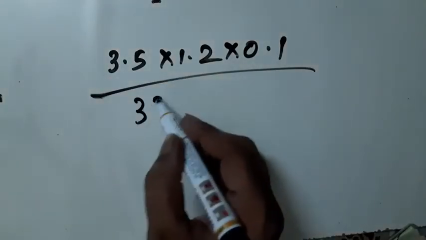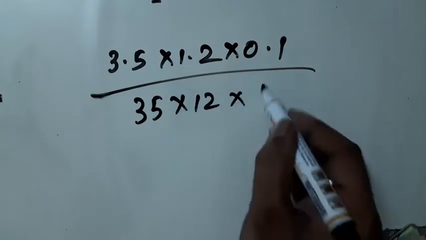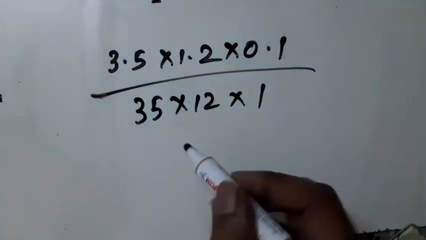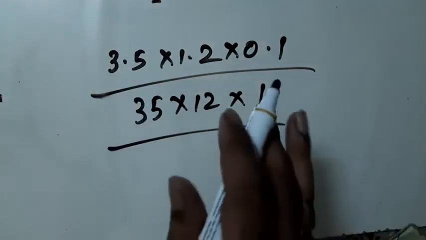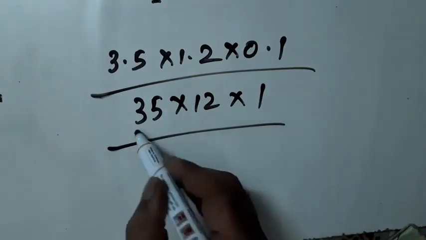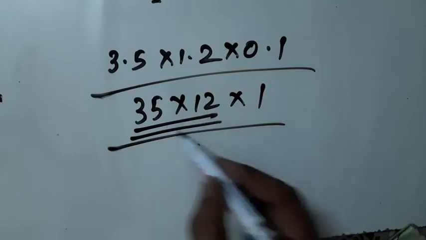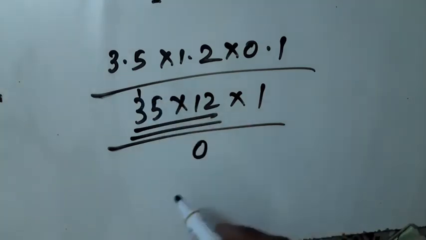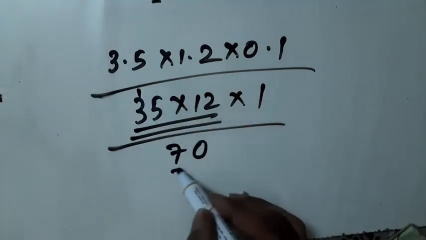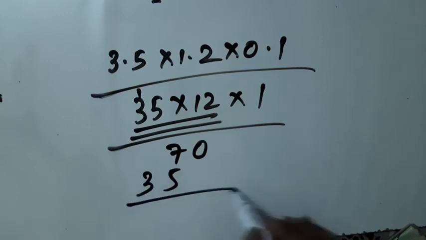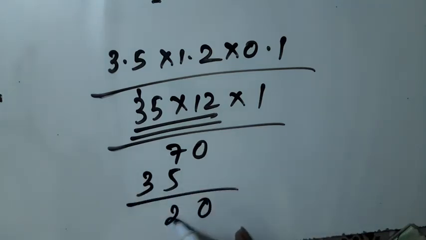We will multiply all 3 numbers, whatever the product we get. Let's start with these two: 35 and 12. 2 5s are 10, 0 and carry 1. 2 3s are 6, plus 1, 7. 1 5 is 5, 1 3 is 3. So we get the product as 420.